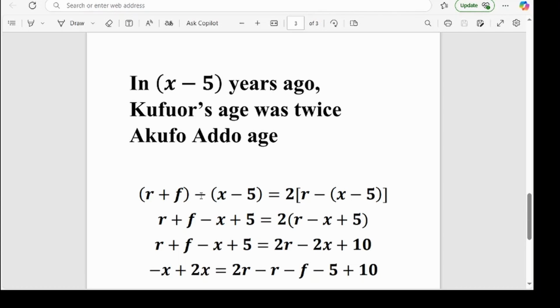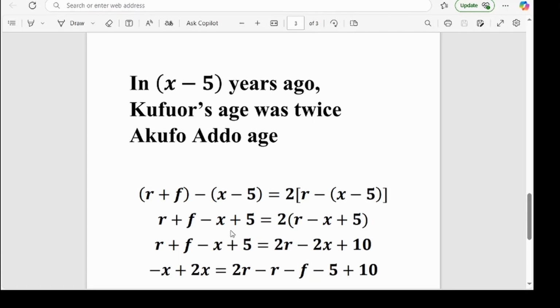So negative 1 times S will give you negative S, right? And negative 1 multiplying negative 5 will give you positive 5. So therefore, the equation on this side is R plus F minus S plus 5, right?